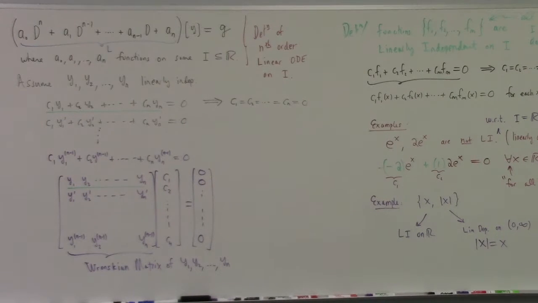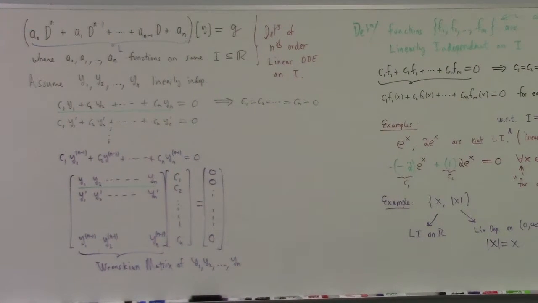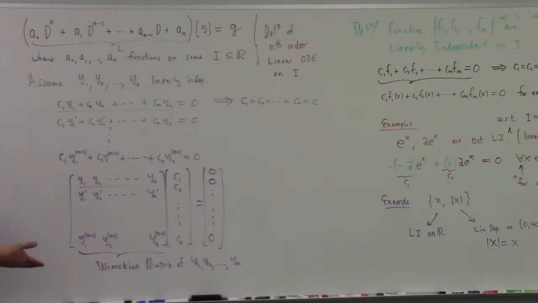So what's the solution to this system of linear equations? Well, we're assuming these are linearly independent, right? The only solution to this system of linear equations is the zero solution. There's a unique solution, the zero solution.